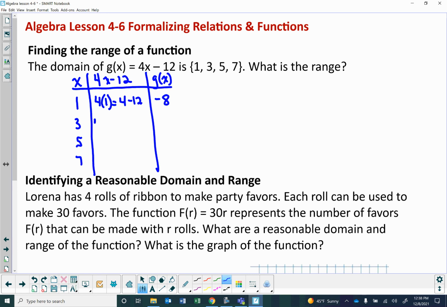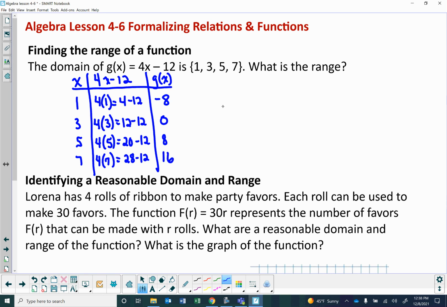If x is 3, 4 times 3, which is 12, minus 12, which is 0. If x is 5, 4 times 5, which is 20, minus 12, which is positive 8. And if x is 7, 4 times 7 is 28, minus 12, which is 16.